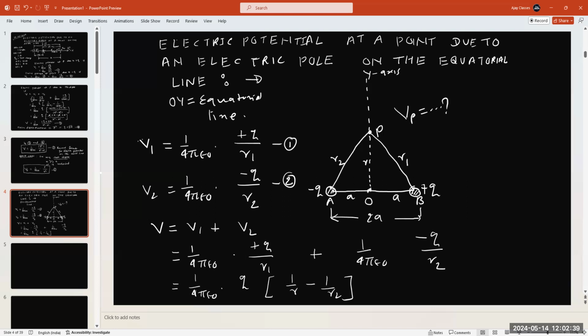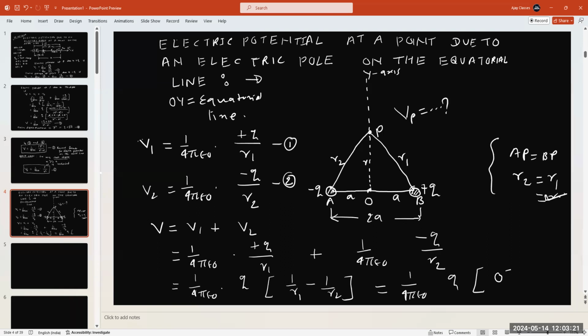But here, in the case of the equatorial line, the distance A to P is equal to B to P. So R1 is equal to R2, and then we get R1 minus R2, which will be 0.